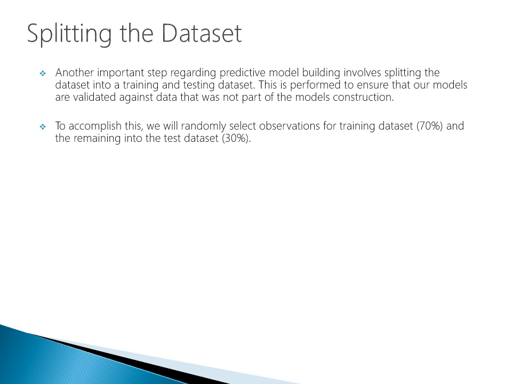To accomplish this, we randomly select observations for the training data set and the remaining into a test data set. And the question often is, how much should I put in a training data set versus a test data set? A lot of people give you the answer, it depends.